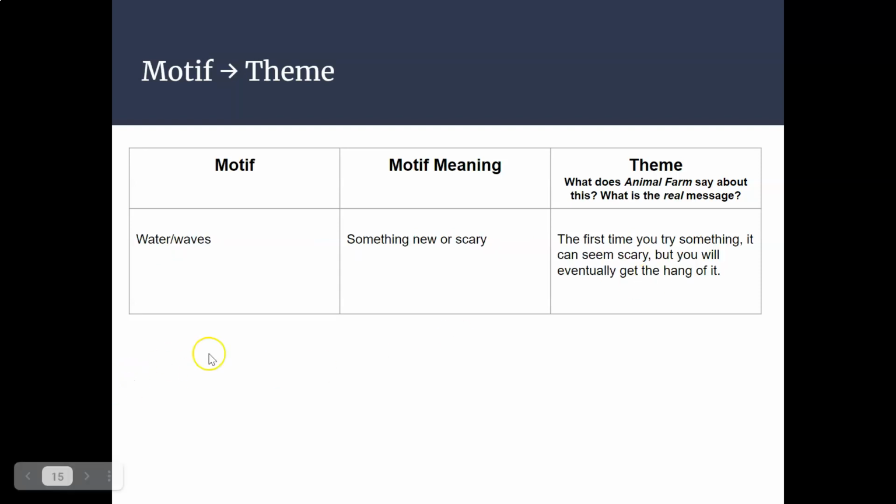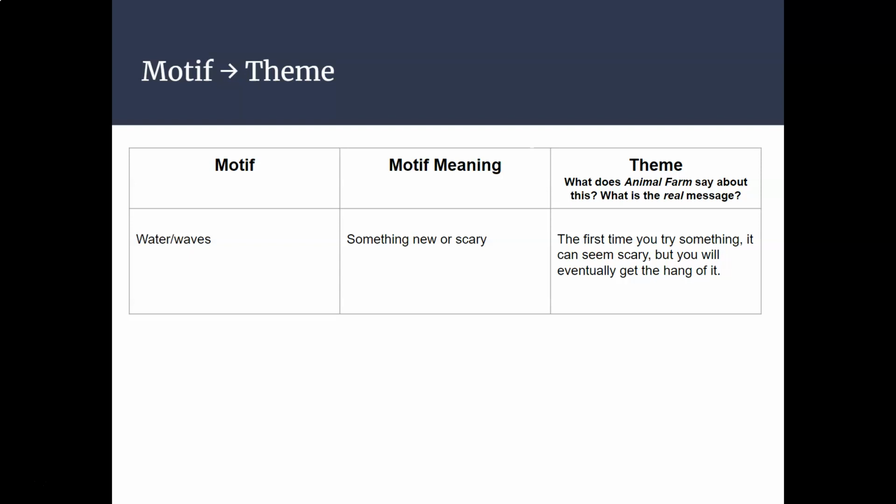Let's look at another example. In the Pixar short that I asked you to watch, the motif that was repeated was water and waves. That was one of several motifs. The little bird would go out into the water and get scared, and a big wave would come take him away. That happened a few times.